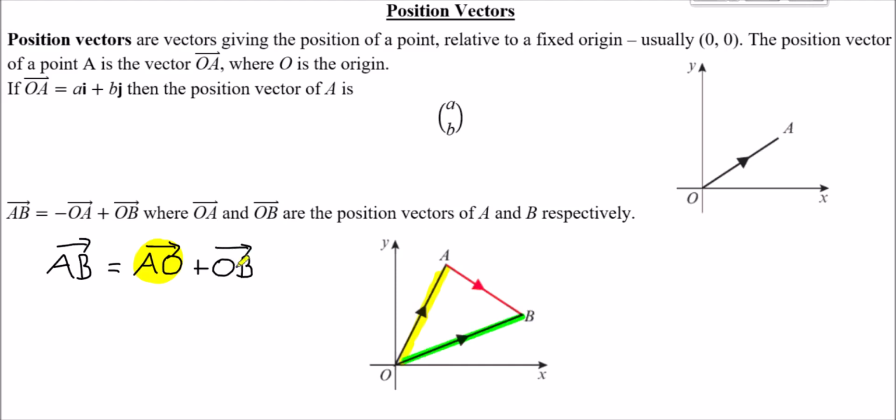Okay, so that's from O to B. Now, if you're going from A to O, you're going in the same direction as from O to A, but the direct opposite way. You're not going from O to A, you're going from A to O. And so from A to O is the negative version of the route as we'd move from O to A. Plus, of course, OB. So in a bit more depth, that's where this result comes from.